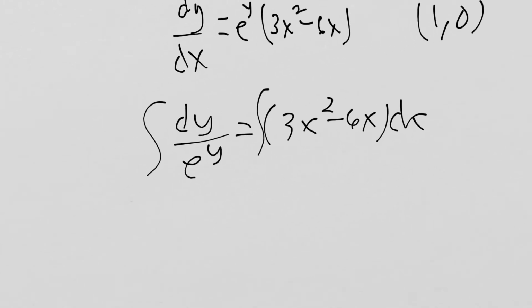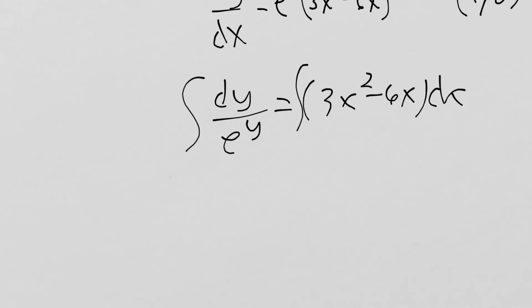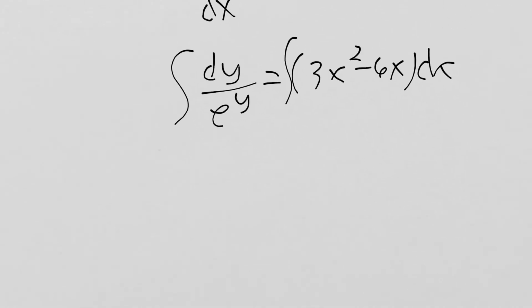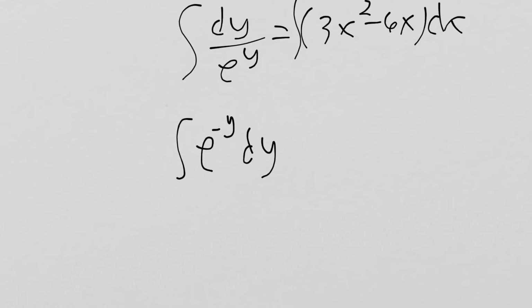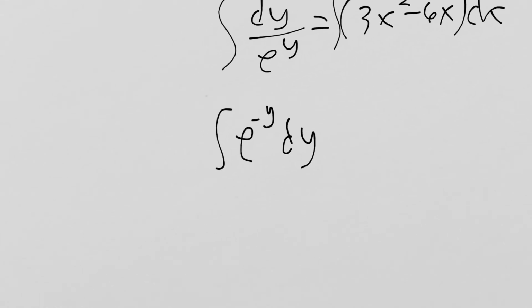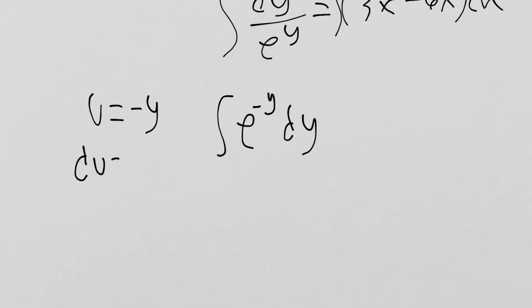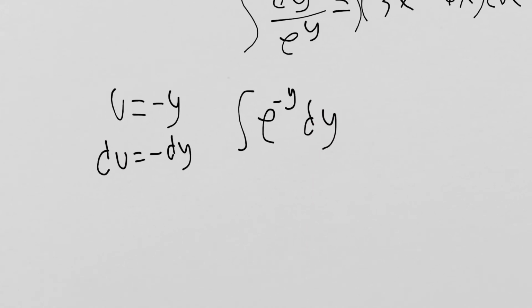There are a couple different ways we can think about integrating dy over e to the y. This is the integral of e to the negative y dy. Technically, this is a u-substitution problem. So we can say u is equal to negative y, and then du is equal to negative dy. So negative du equals dy.